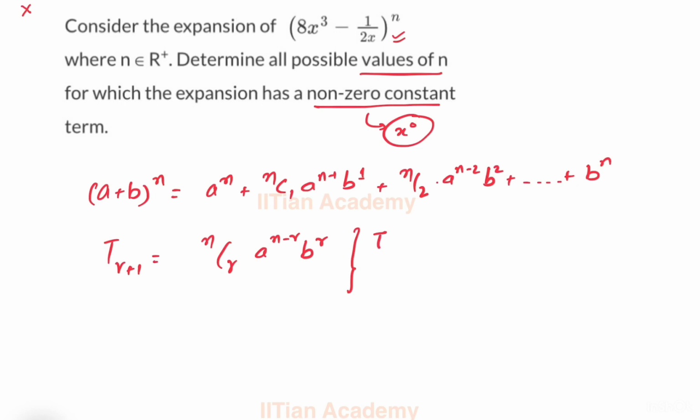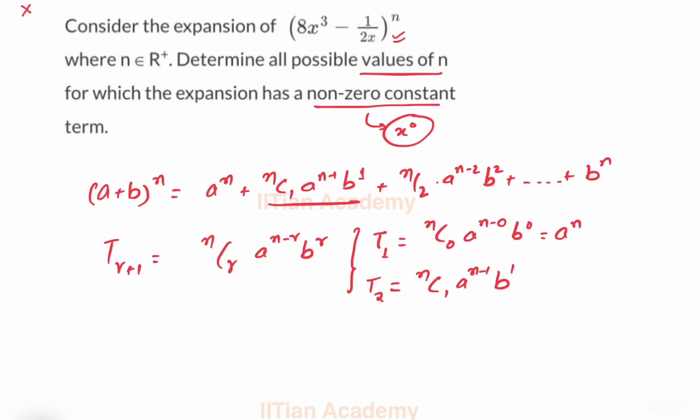What do we mean by general term? Suppose you put r equals 0, the first term would be nC0 a^(n-0) b^0, which is nothing but a^n, since nC0 is 1. Now to identify the second term, T2, we put r equals 1, so we get nC1 a^(n-1) b^1, which is the same as our second term.